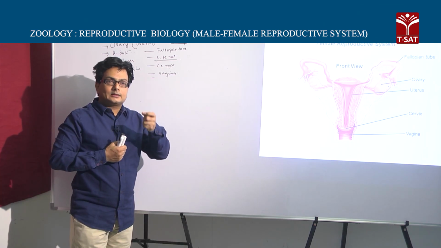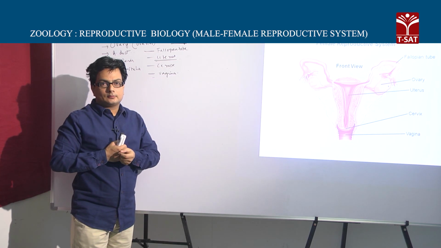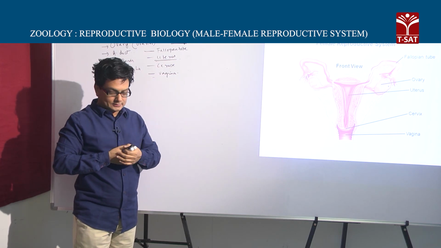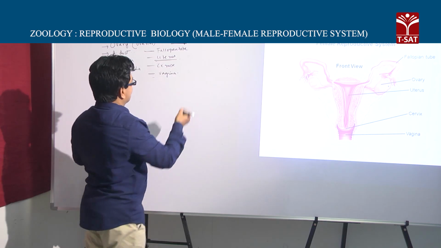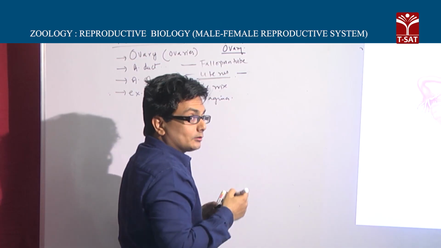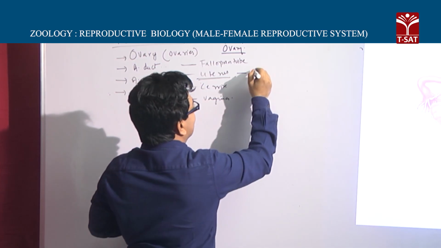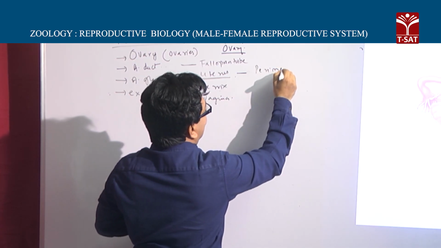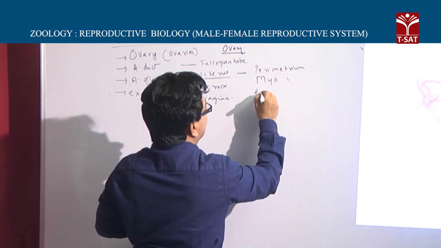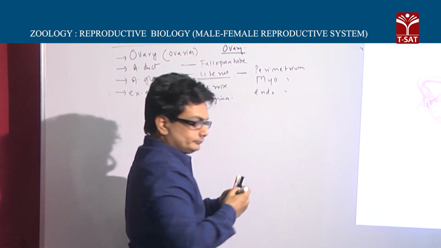What are the basic parts of the uterus? The anatomy, the wall of the uterus. The basic parts, the wall of the uterus. See, when you see the wall of the uterus needs to be quite muscular, thick. It will have these parts called the perimetrium, and the middle myometrium, and finally the endometrium.